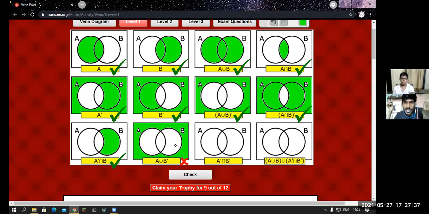A union B complement. Union, so you have to take A also. Yeah, correct. A complement intersecting B complement.